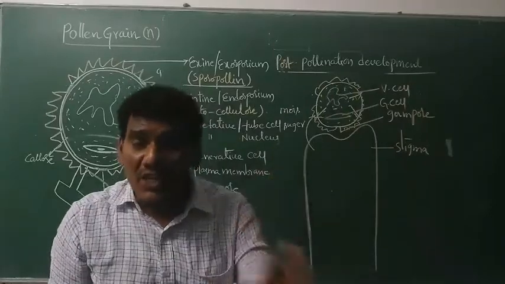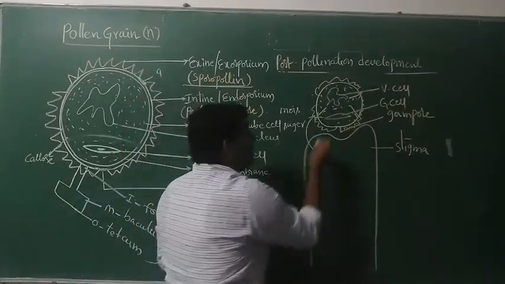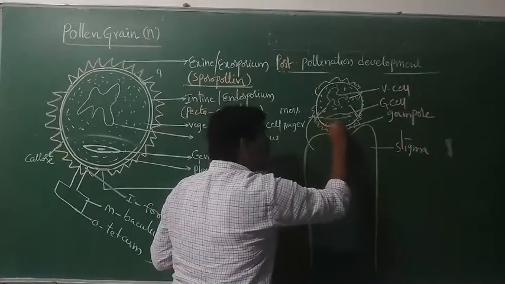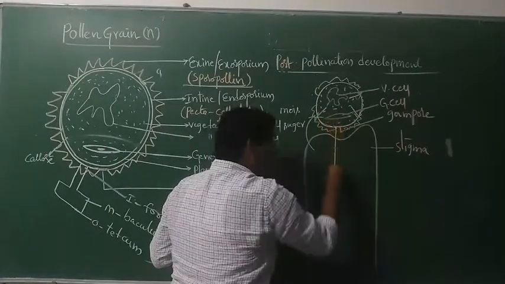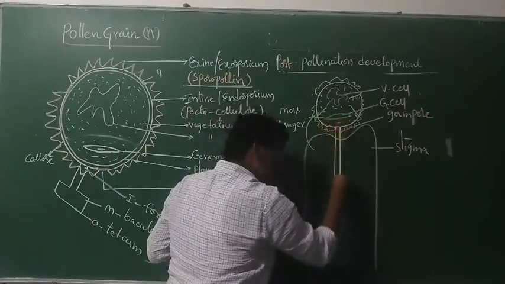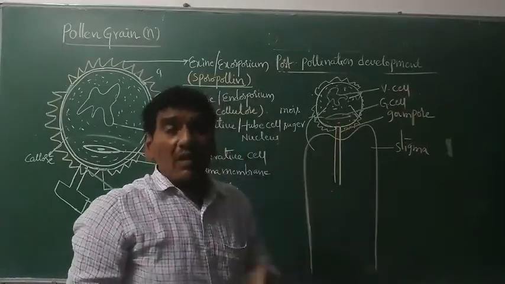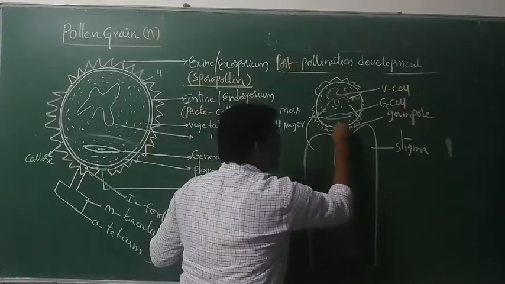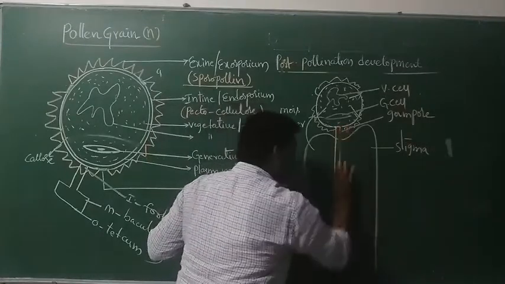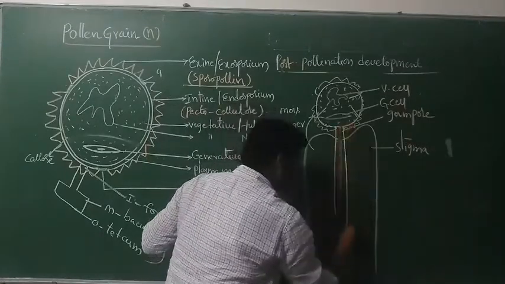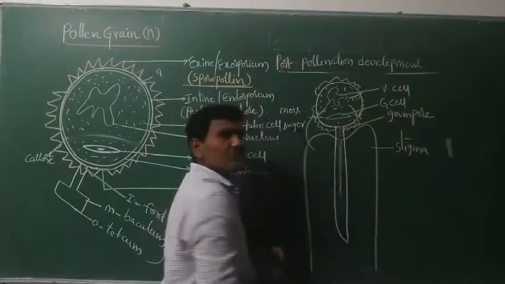Because of this pressure, the intine comes out through any one of the germpores. This is nothing but the pollen tube.